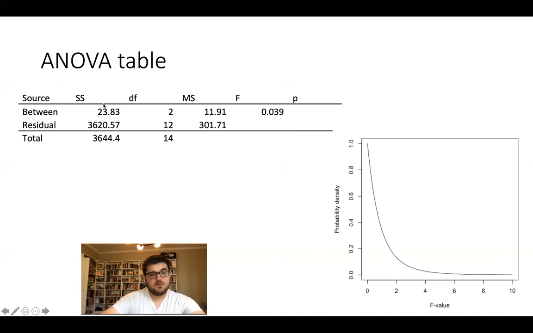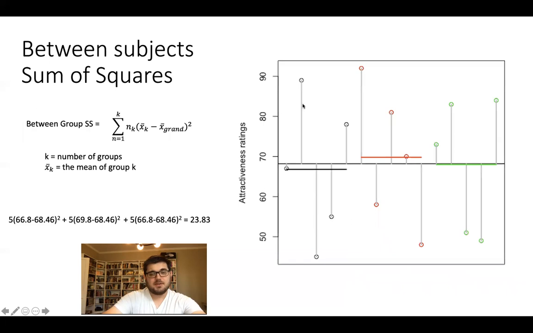So here's the 23.83 sum of squares. This is called an ANOVA table. Here's the between groups effect, here's the residual that's left over, and here's the total. You remember the total sum of squares was 3644.4. That's the total amount of variation you could have possibly accounted for. That's all the gray lines added together.